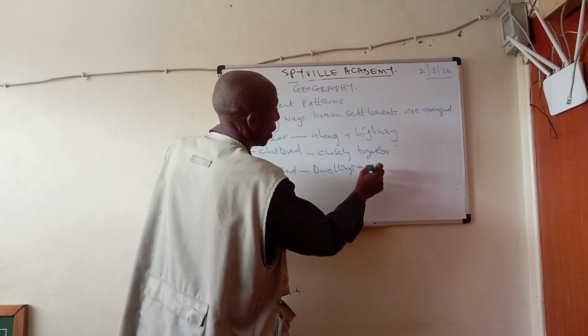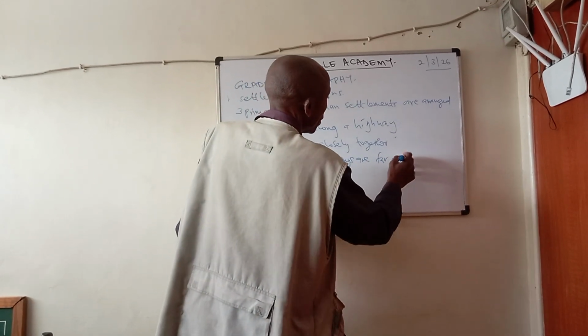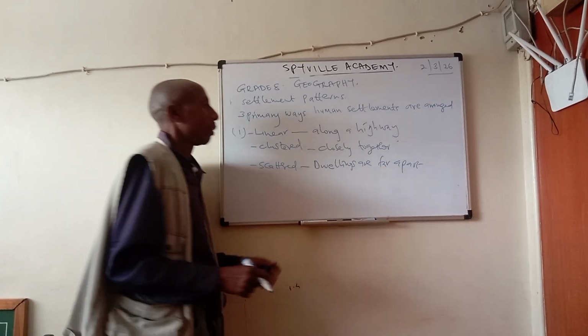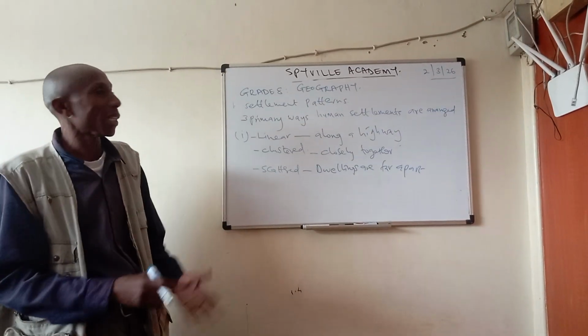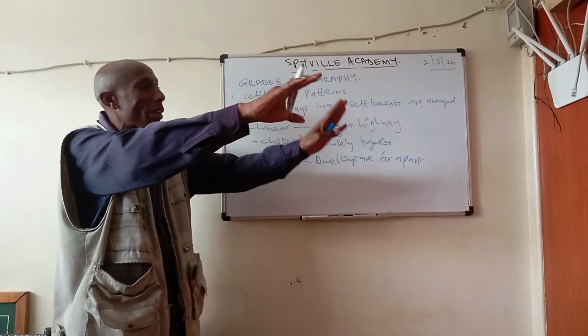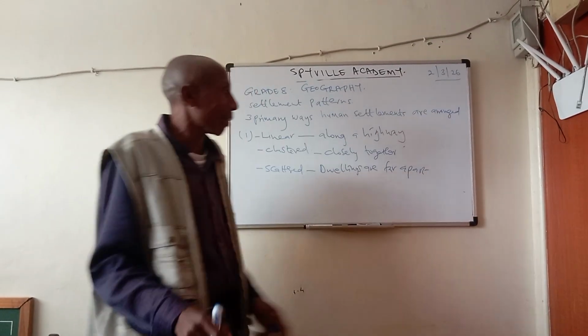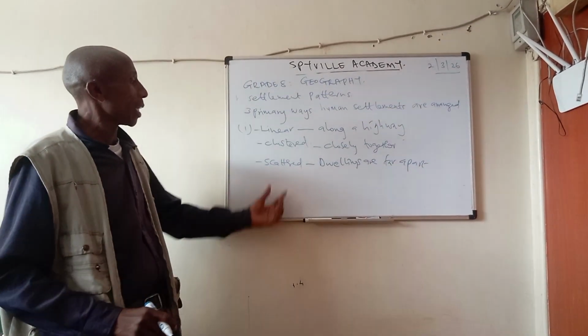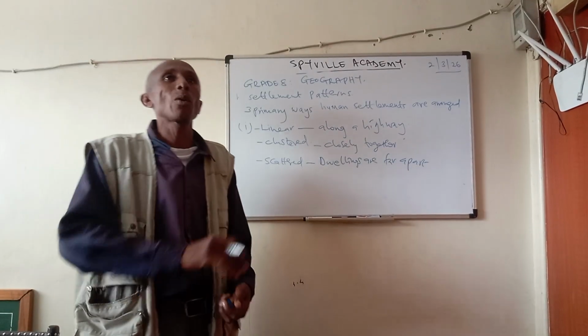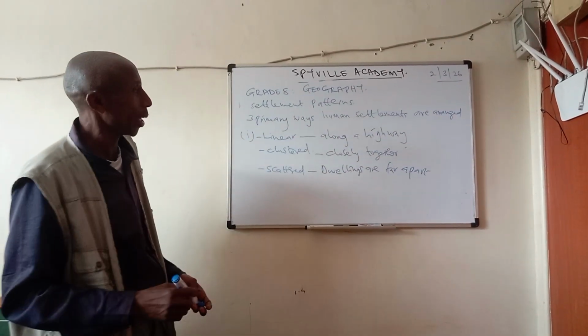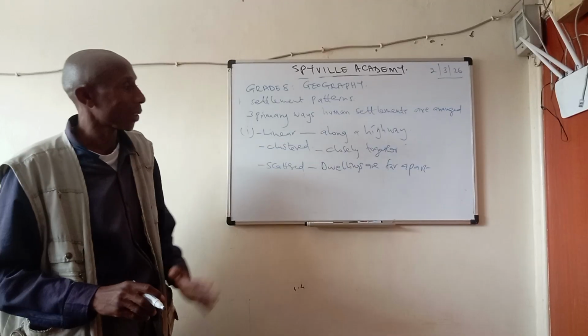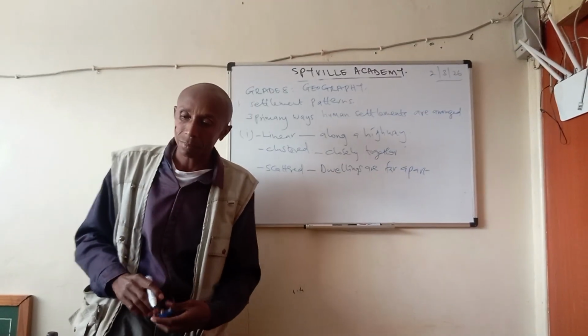What I talk about here, like clustered, is like people building a given village somewhere, maybe 100 people in a specific area. In a scattered pattern, one house is here, another one is maybe 2 kilometers away. So the dwellings are very much far apart from each other.